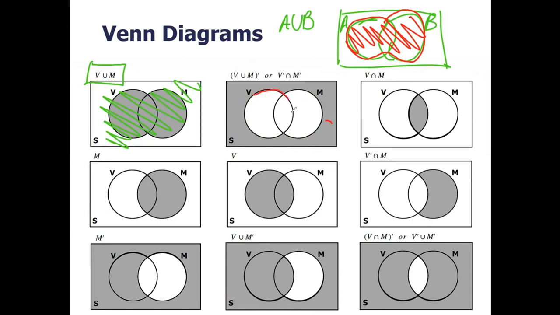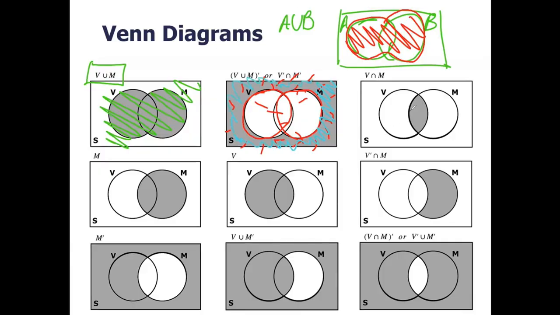Here's V, here's everything outside of it. Here's M, here's everything outside of it. Now the question is, where do the outsides cross each other? Yes, they cross each other here, on the outsides of both of these.